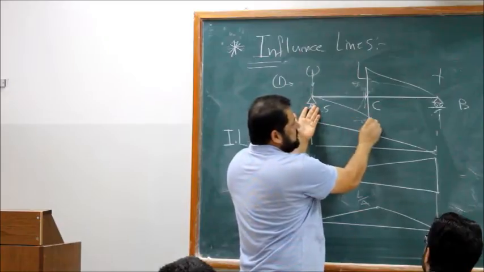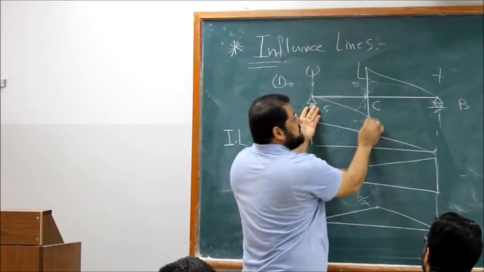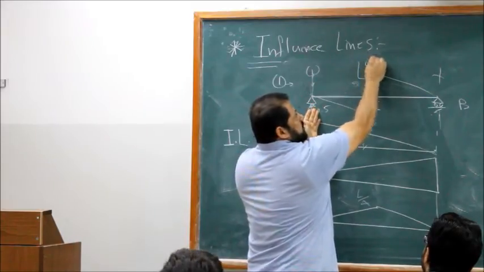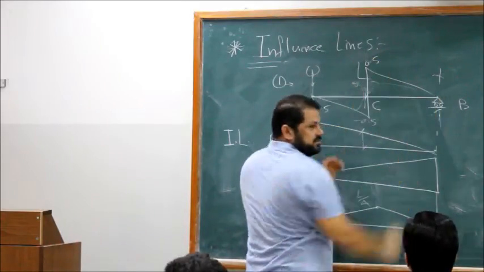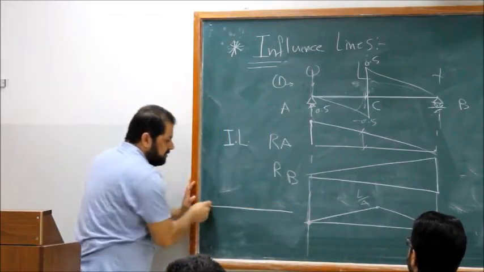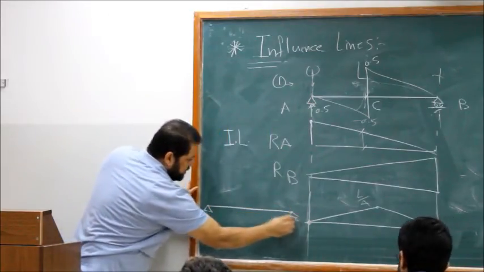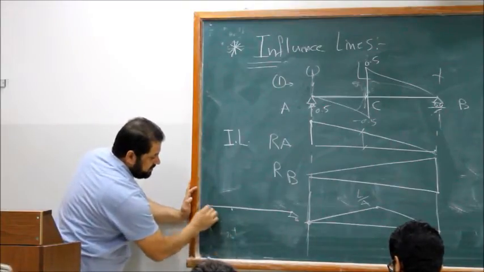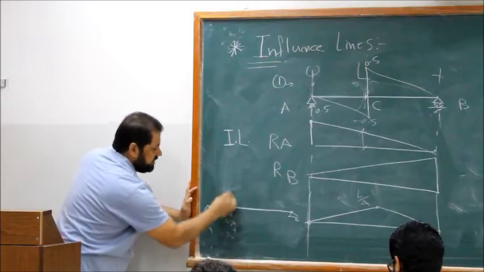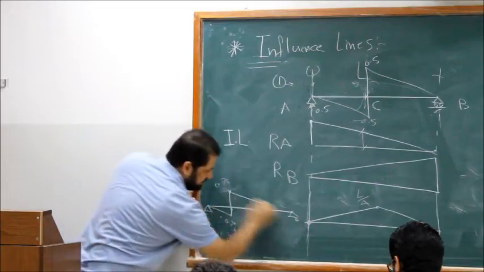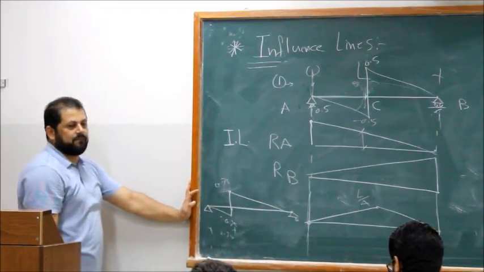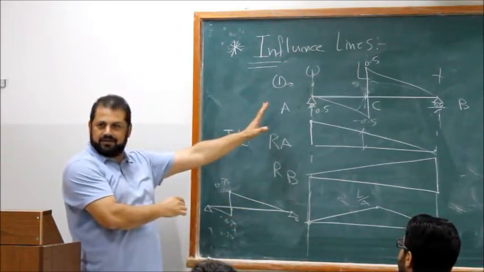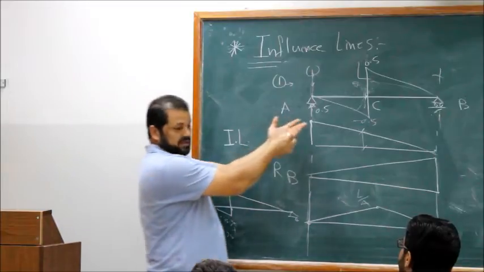So this is minus 0.5. Then you have a jump of 1 when it crosses, which gives 0.5. Minus 1 goes to 0.5, 0. How about the shear here at 0.25 L? Minus 0.25. Jump to 0.75. 0. If you calculate this one, this is what you get. And if you want to calculate, that's fine.